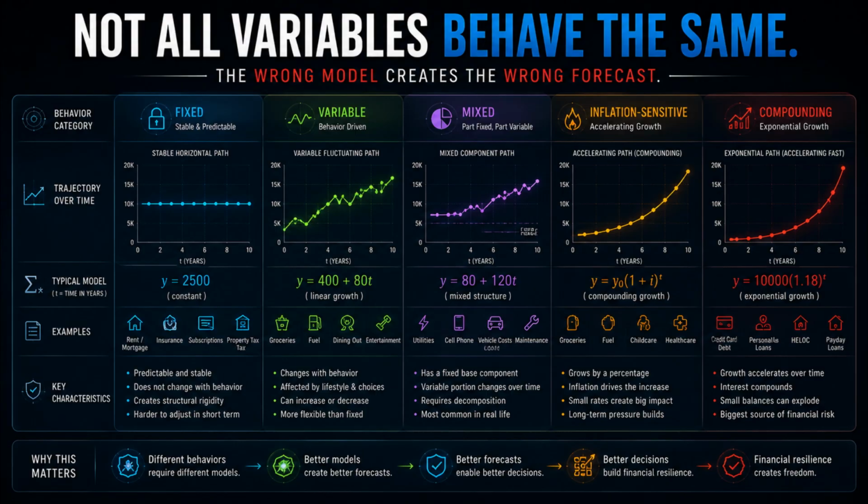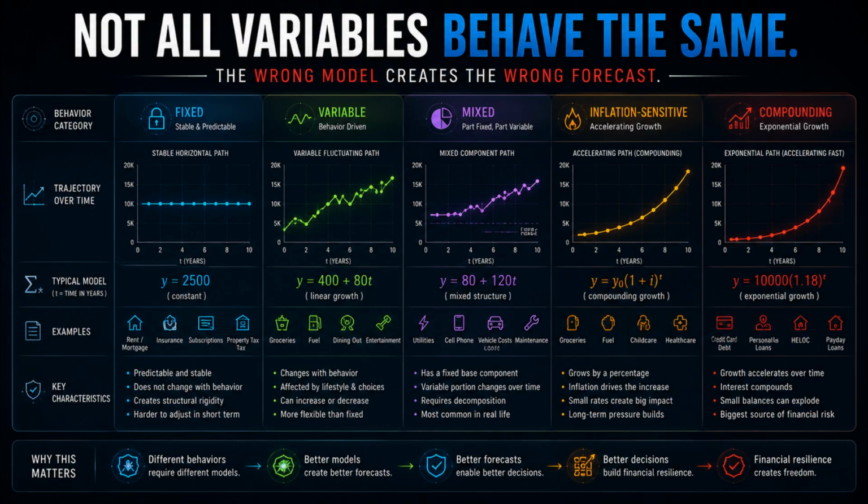The single most important forecasting rule is this: different variables require different forecasting methods. That sounds simple, but it changes everything. Forecasting becomes dangerous when we apply the wrong behavioral assumption to the wrong variable. Rent does not behave like restaurant spending. Debt payments do not behave like gasoline costs.